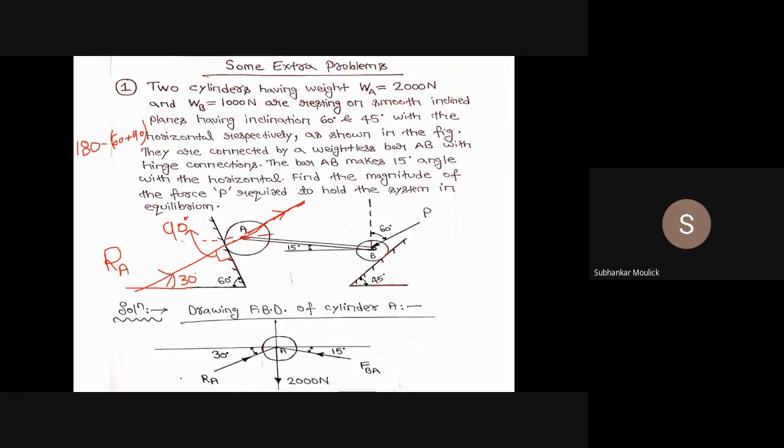This is nothing but my x-axis, and this is nothing but my y-axis. If this angle is 30 degree, by geometry this angle is also 30 degree. And this vertically opposite angle is also 30 degree.